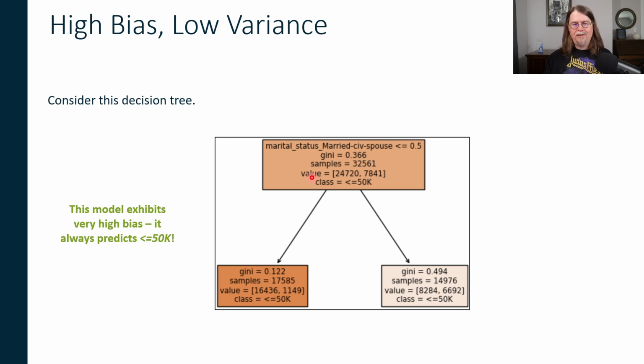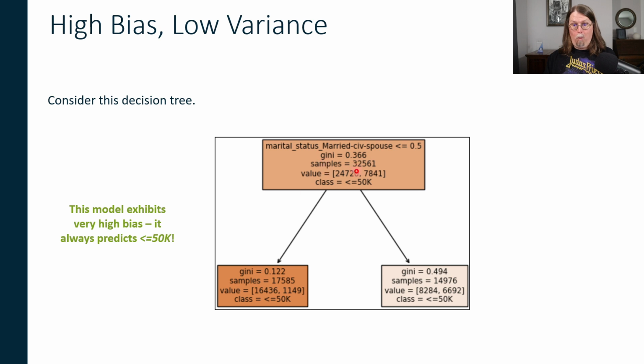If we consider this decision tree and we look at these leaf nodes, what we can see here is that this model exhibits very high bias. Like I said, absurdly so, because it always predicts less than or equal to 50K. Because notice here, the class label in this leaf node is less than or equal to 50K. And notice that in this leaf node, the class is less than or equal to 50K. So it always predicts less than or equal to 50K.